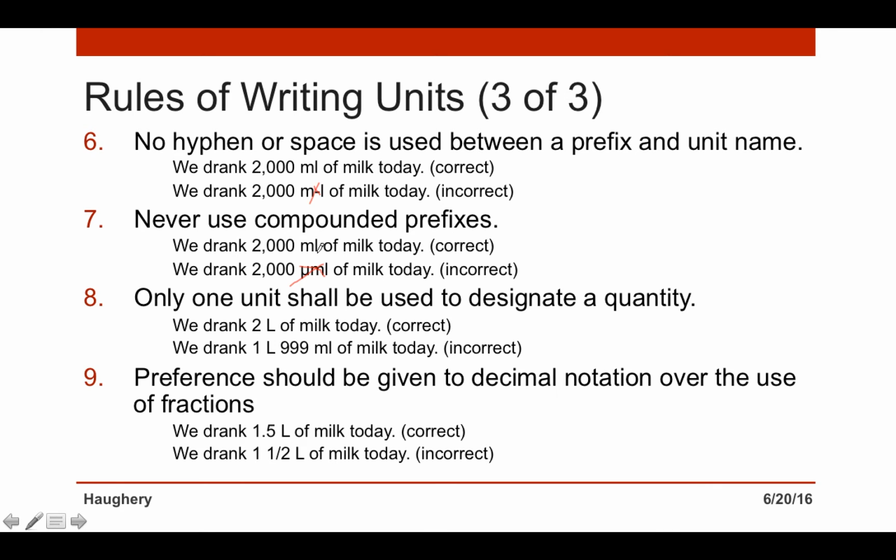So the liter is the unit, the M is the prefix. And of course, we only show one unit at a time. We don't show liters and then milliliters. It's like we don't show dollars and cents. Well, we do, but in this scenario, we wouldn't show the two. And then, of course, if our preference, we use a decimal version and not a fractional version of a number.